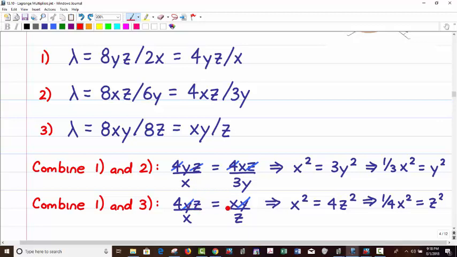And this time the y's can be divided out. I get x squared equals 4z squared. Now, since the common one is x, that's why I needed to solve in terms of x squared. So y squared would equal 1/3 x squared, and z squared would be 1/4 x squared, to substitute.